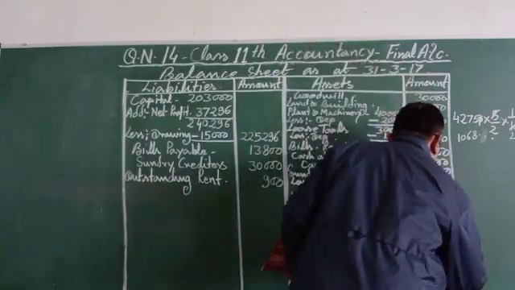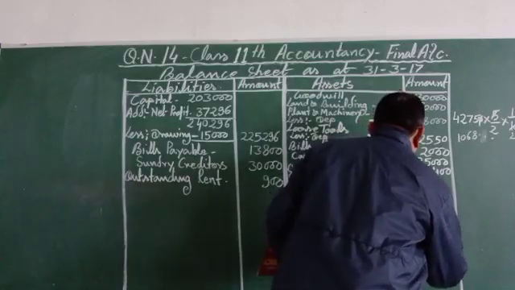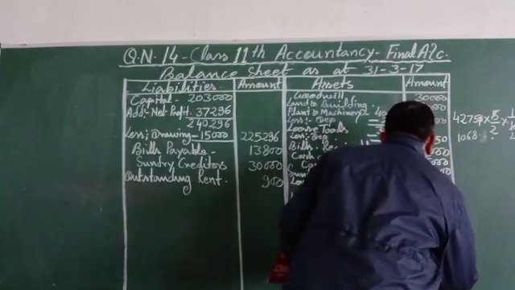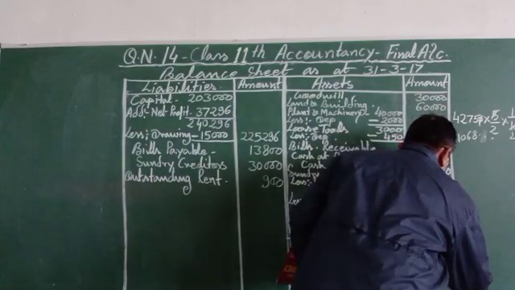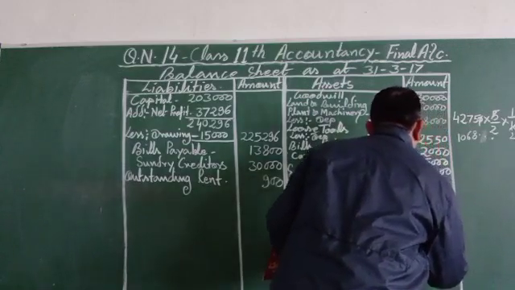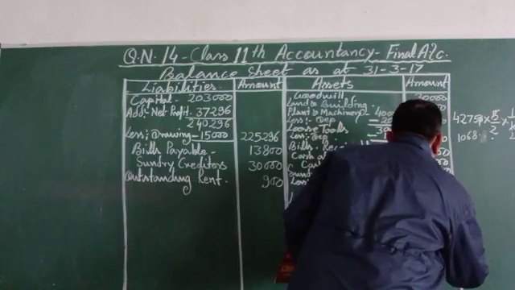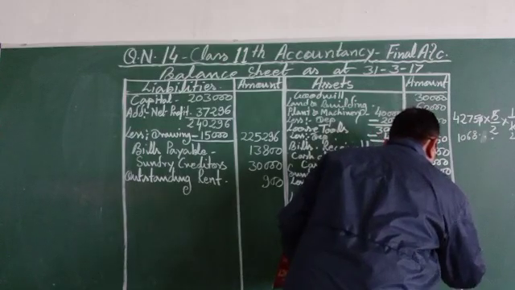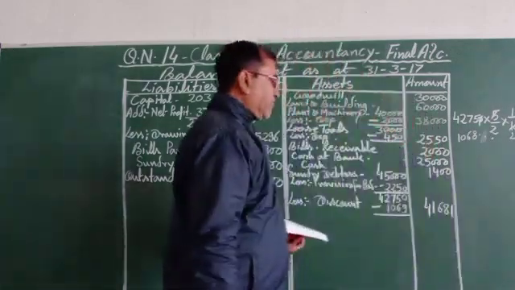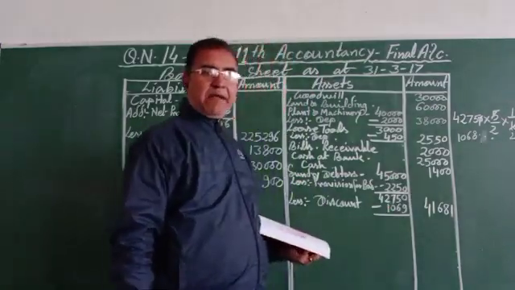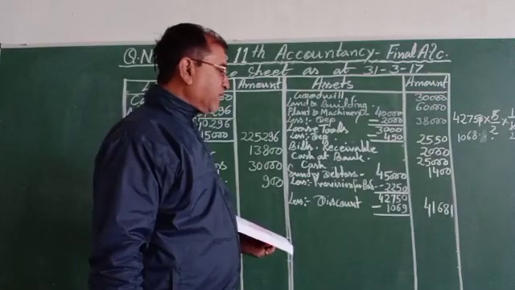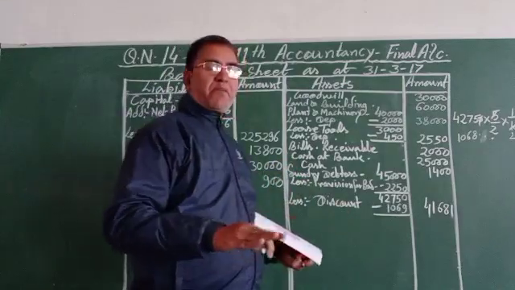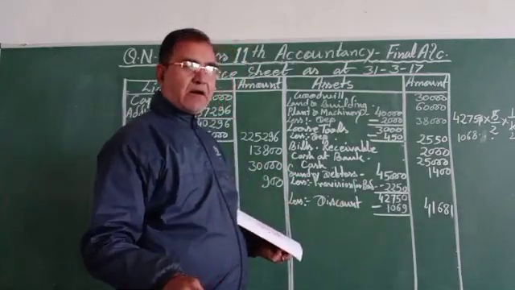We can deduct it from 42,750, so the debtors amount will be 41,681 after deducting the provision for bad debts and provision for discount.